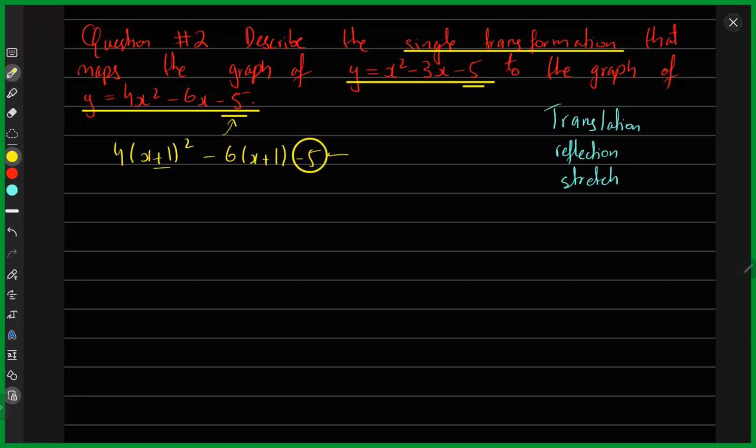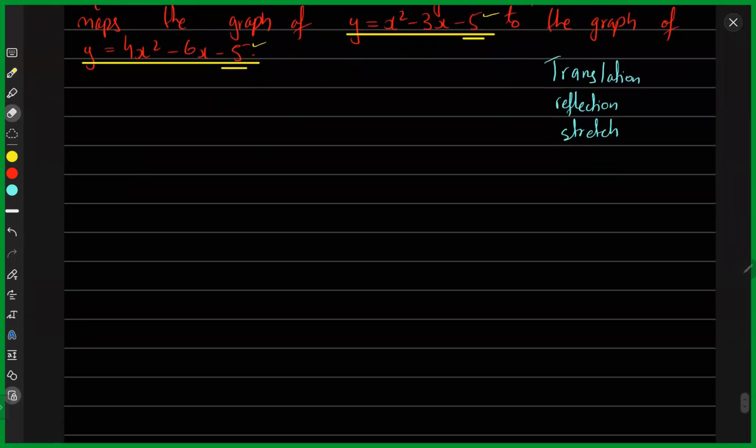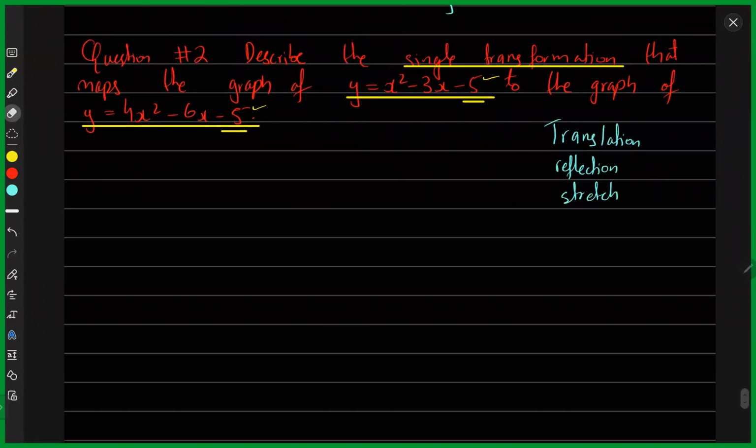Then I would have this one, I would have this one, and then this number would change, right? So the fact that this number and this number, both of them are same, means that it is almost certainly not a translation. Okay? -5 and -5 is same. It's not a translation. Okay, so this option is gone. Reflection.